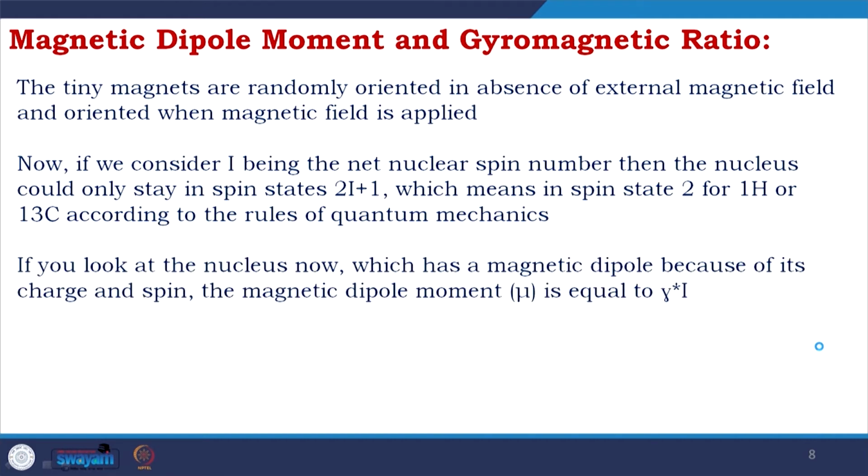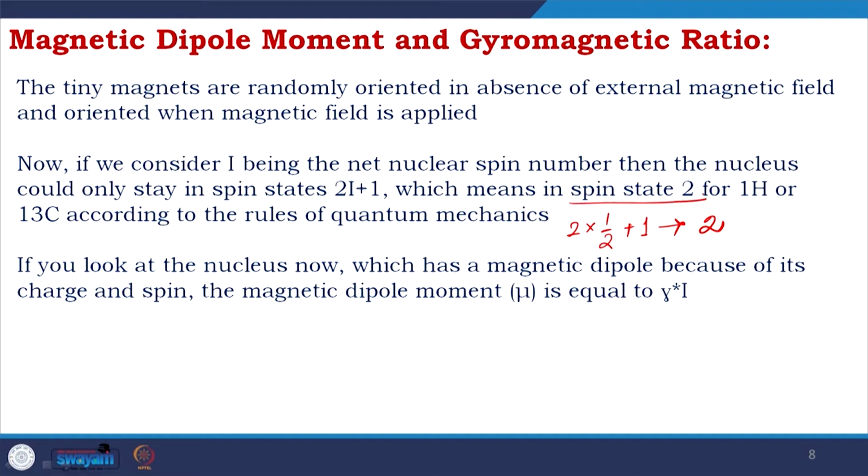So, if it is half spin, 2 into half plus 1, which is 2. So, there are 2 spin states.